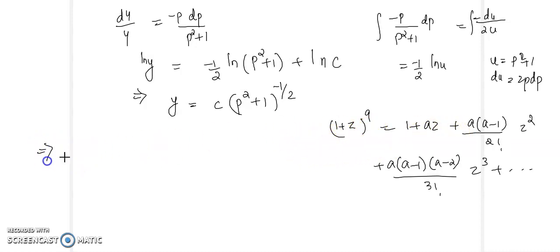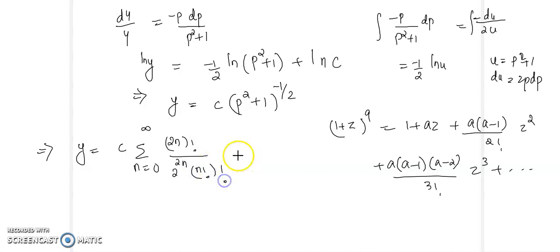Upon using this expansion, in simplified form Y equal to c summation n equal to 0 to infinity 2n factorial by 2 raised to 2n n factorial whole square, minus 1 whole raised to n by p raised to 2n plus 1.